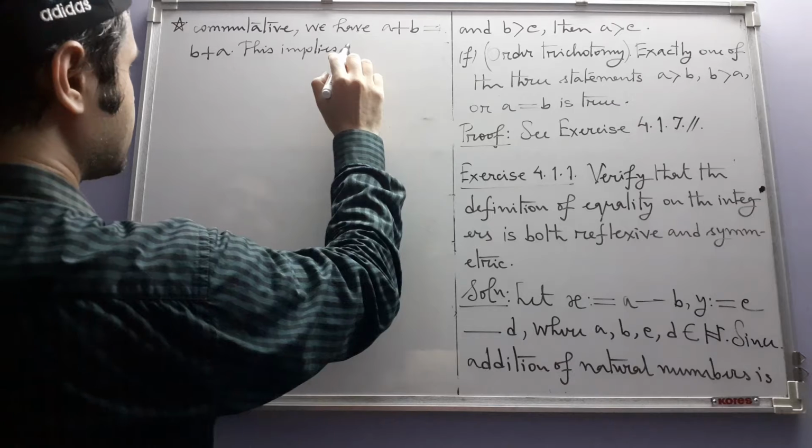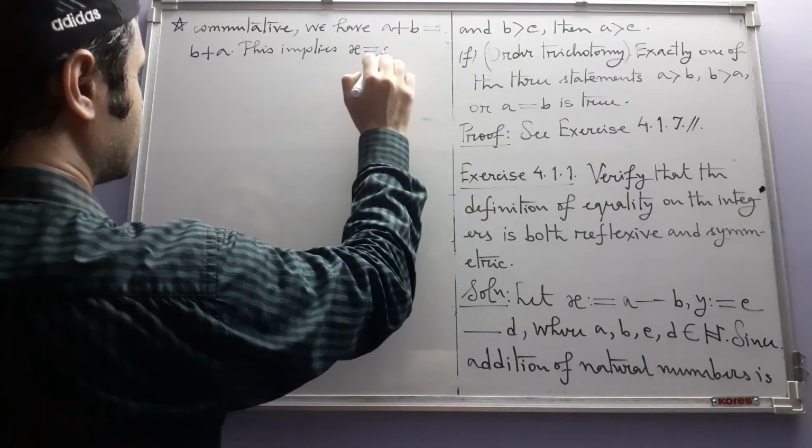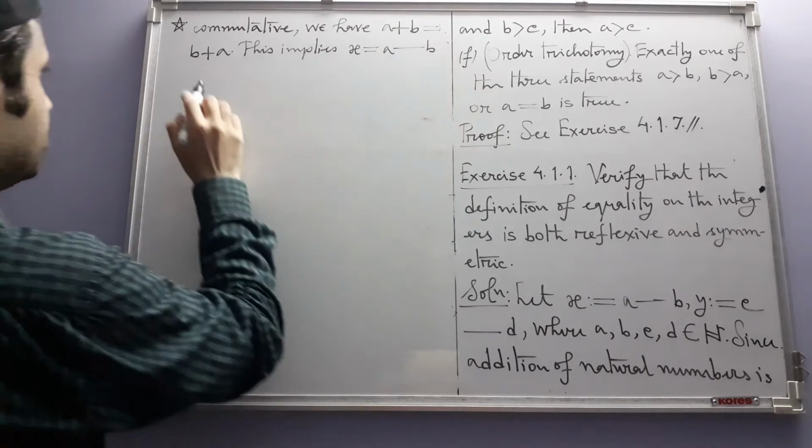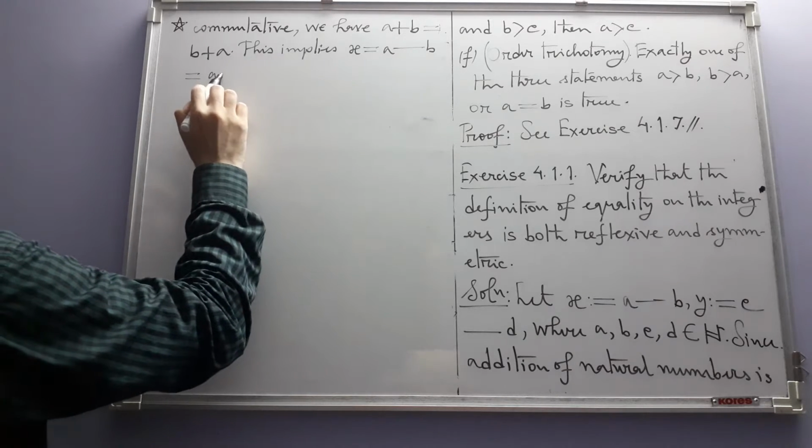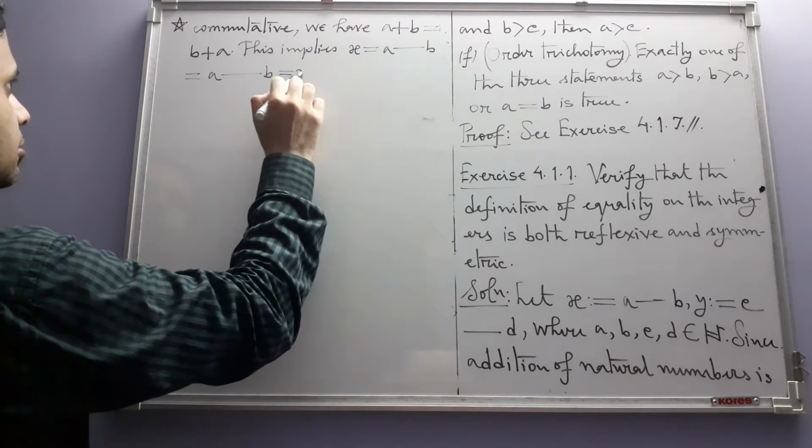This implies x equal to a dash b is equal to a dash b is equal to x.